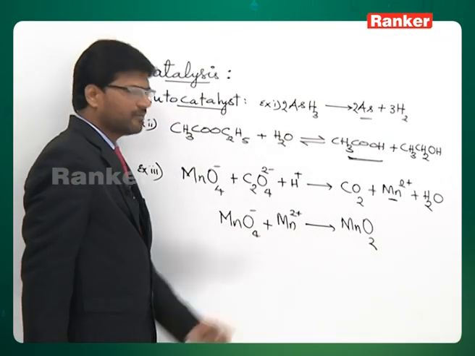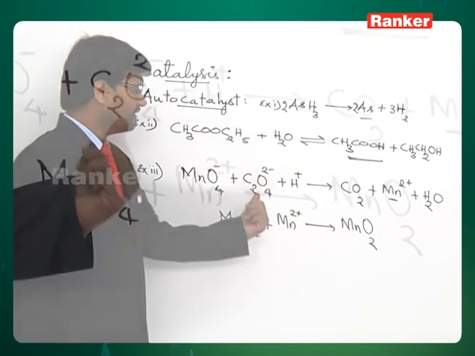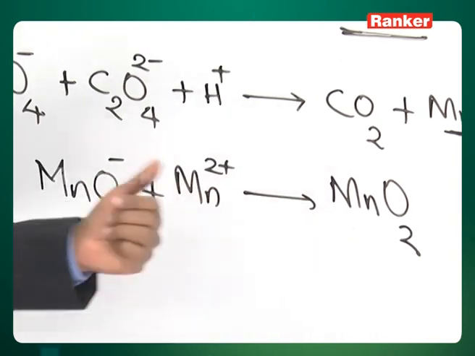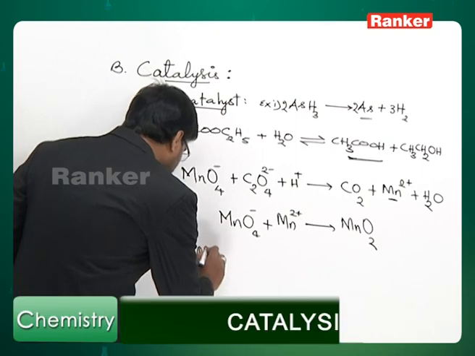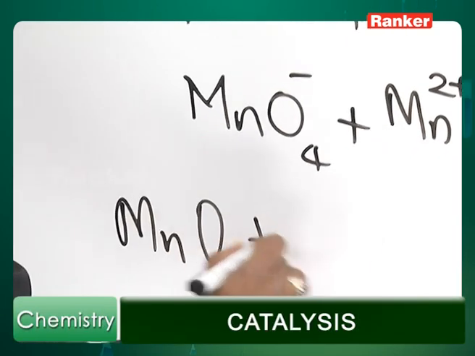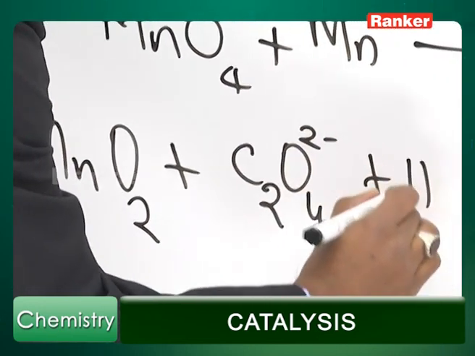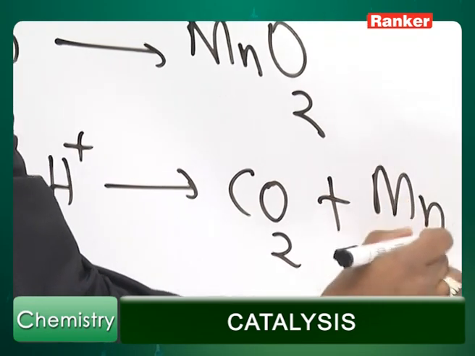So, it is a case of comproportionation reaction. From here onwards, the oxidation of oxalate will be catalyzed by MnO2. It will be oxidized by MnO2. So a different type of reaction takes place: MnO2 plus C2O4 2 minus in the presence of H plus gives CO2 plus Mn2 plus.